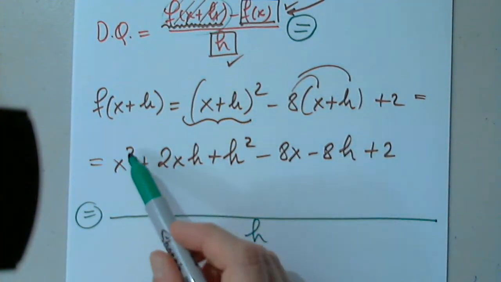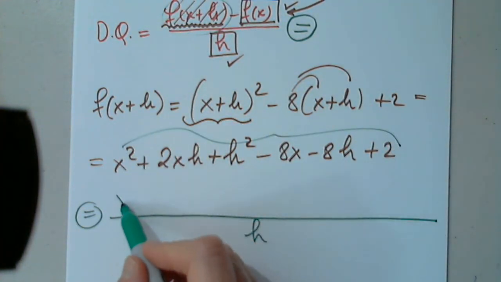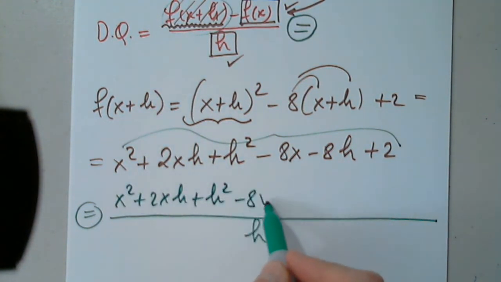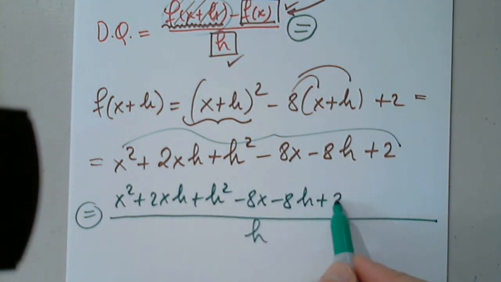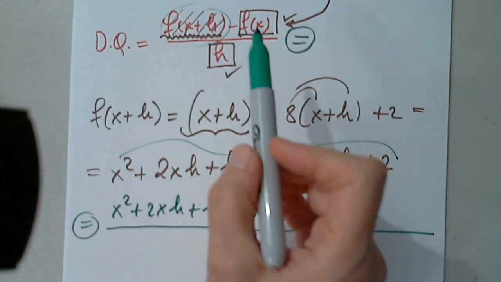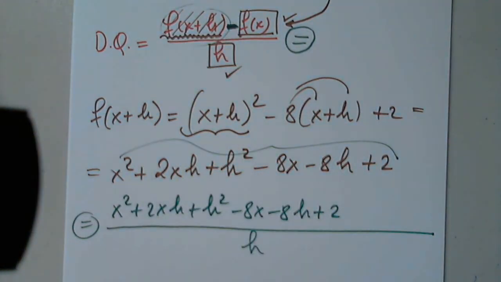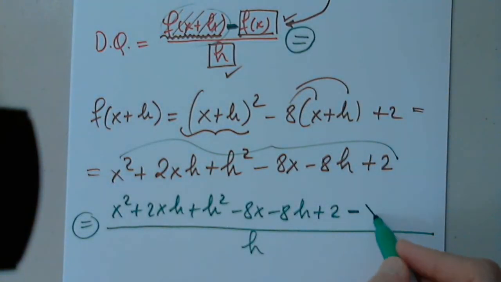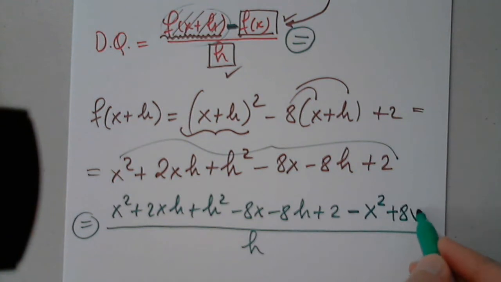Instead of this, I will copy all this: x squared plus 2xh plus h squared minus 8x minus 8h plus 2. I reach the negative symbol, and I will distribute negative 1 to these three terms: negative x squared plus 8x and minus 2.